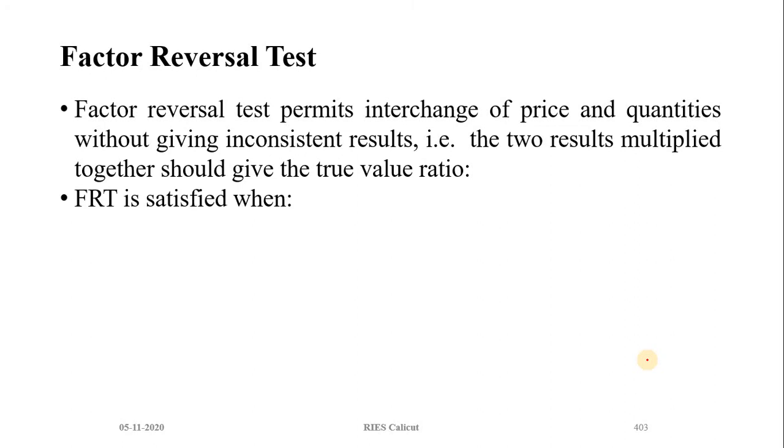Using an equation, you can say that the factor reversal test is satisfied when P01 into Q01, that is price index multiplied by quantity index, is equal to sigma P1 Q1 divided by sigma P0 Q0.